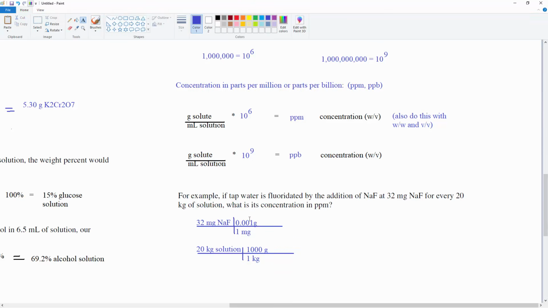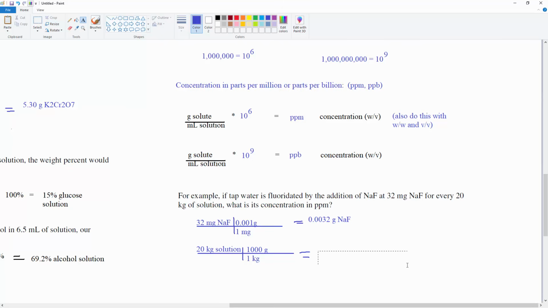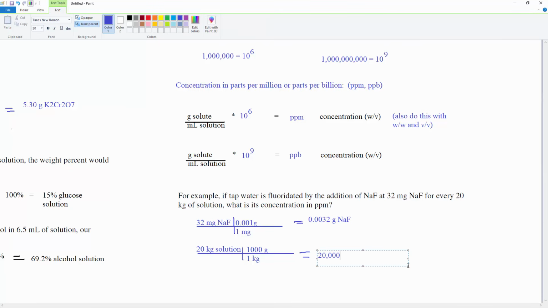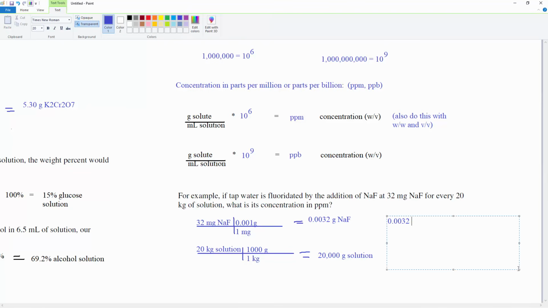You could also say 1 gram is 1,000 milligrams. That would give you the same answer. When we plug this in, that's going to give us 0.0032 grams of sodium fluoride, and 20,000 grams of solution. And so then, 0.0032 grams NaF in every 20,000 grams of solution.